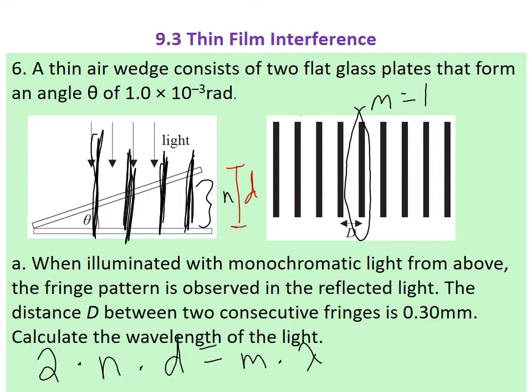So let's consider d is the space between any of the dark fringes. Okay, so this could be like d between here and here. D would be related to this red d, which I'll redraw this line right there. Lowercase d. These 2 are related to each other by that angle.